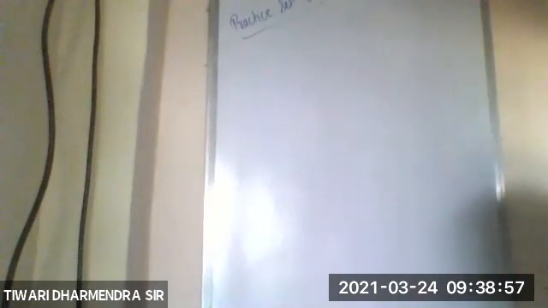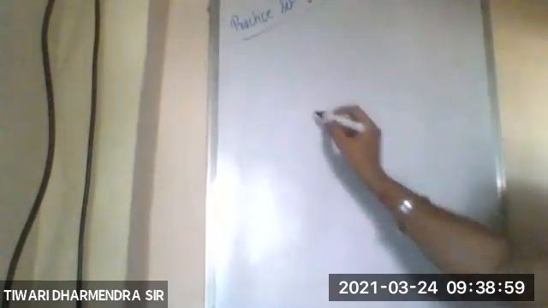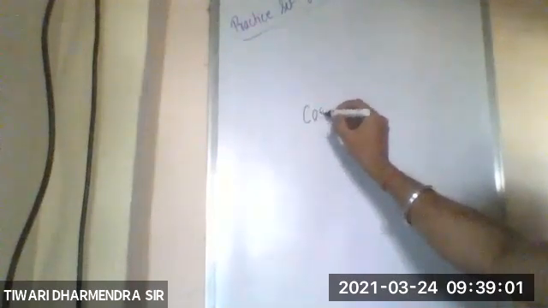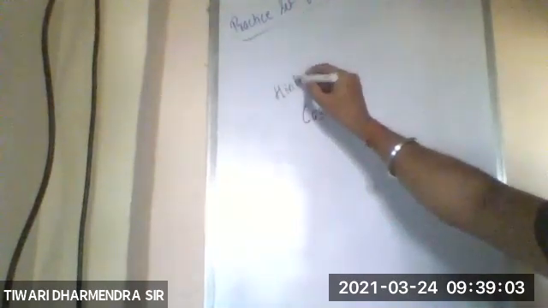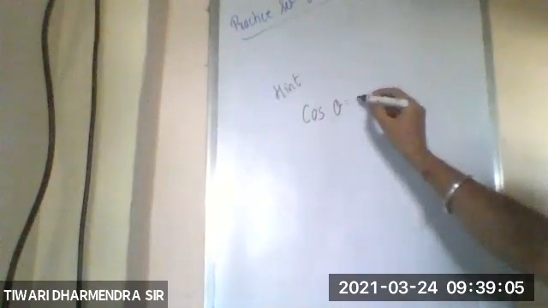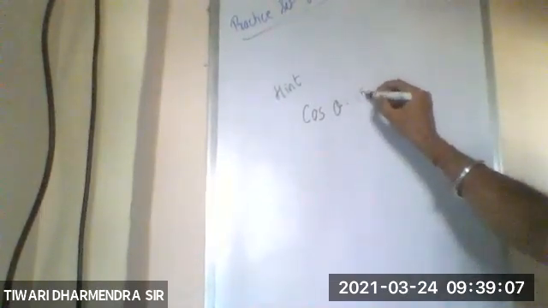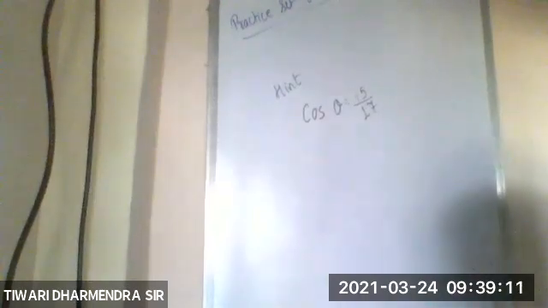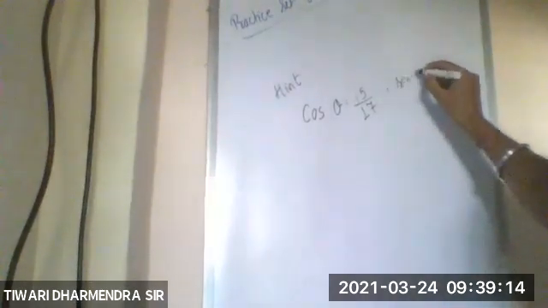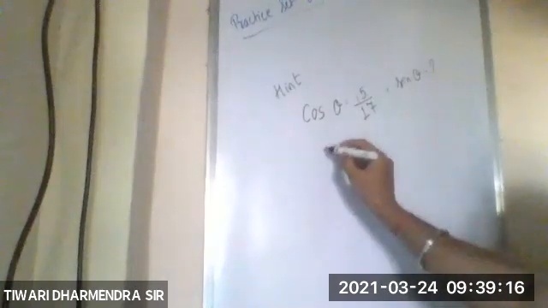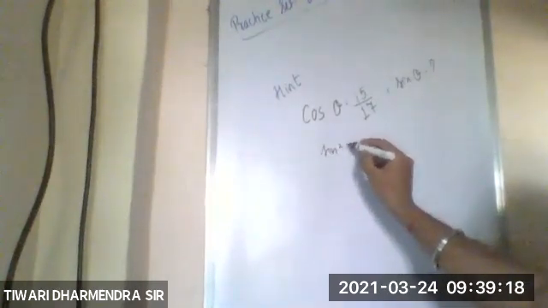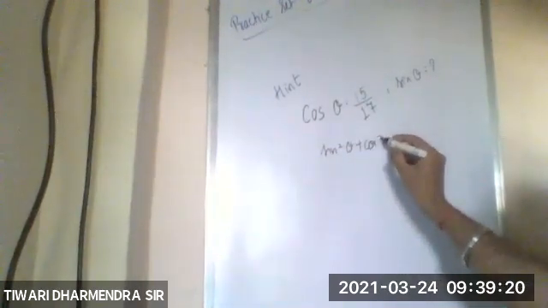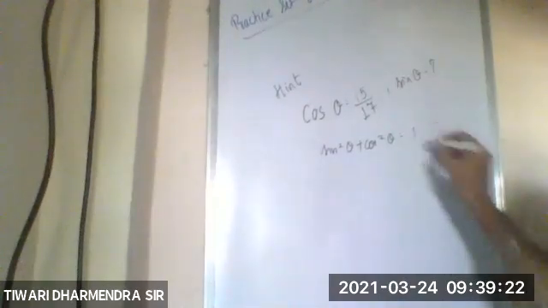Question number 4. I'm giving you a hint on how to solve it. Cos theta they have given us as 15 upon 17, asking us to find the value of sine theta. As you know, sine square theta plus cos square theta is equal to 1.